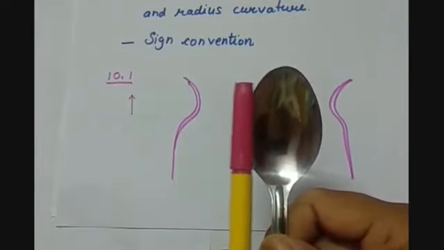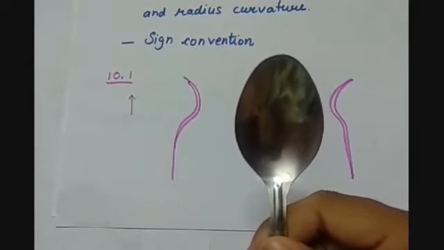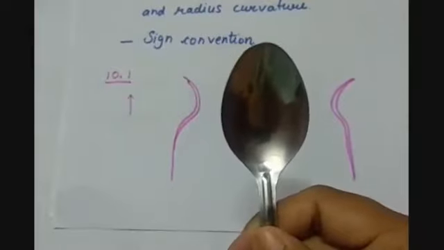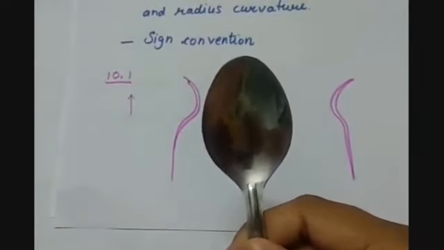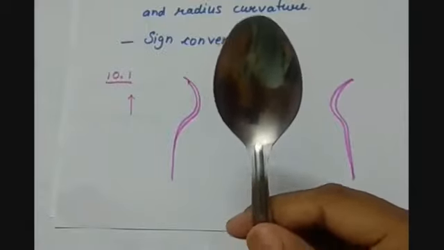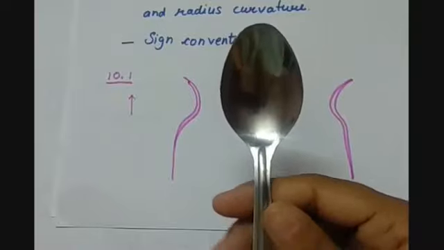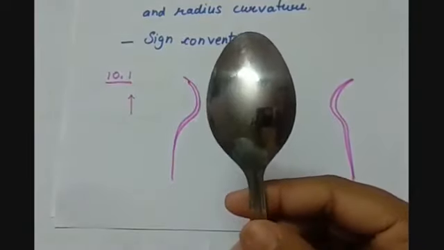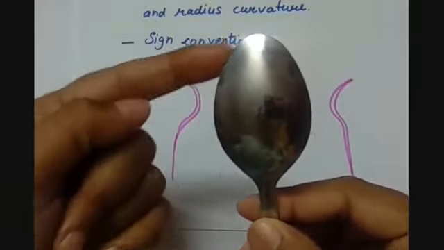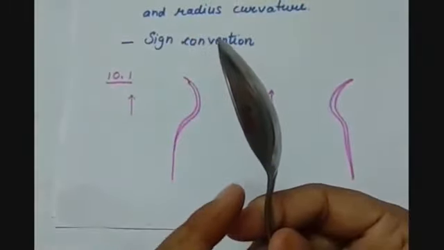So you can see it here, or you can see that when I see my face, it seems inverted. But when we keep on changing, the clarity of the image varies. The same thing happens when we are reversing the spoon. Now this is the reflecting surface which is coming outward.